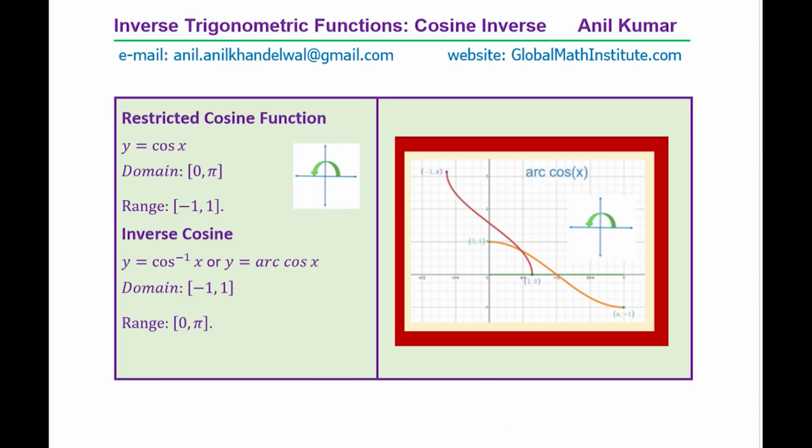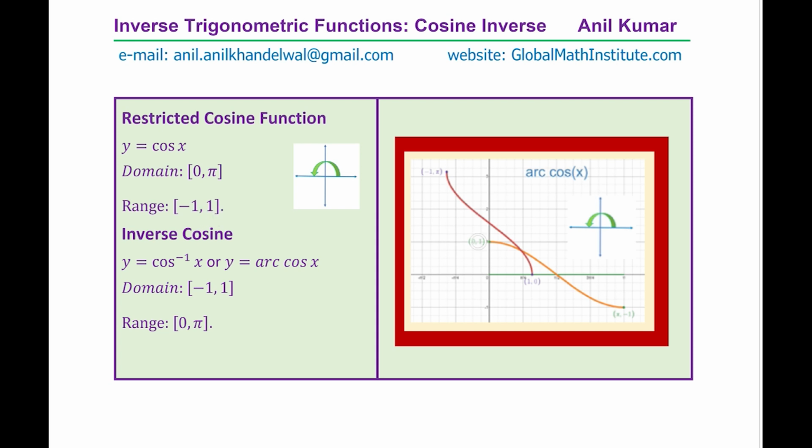Now let's look into the details of how to work with the inverse of cosine functions. Well, the restrictions on the cosine function y equals cos of x is that the domain is from 0 to pi and the range is from minus 1 to 1.